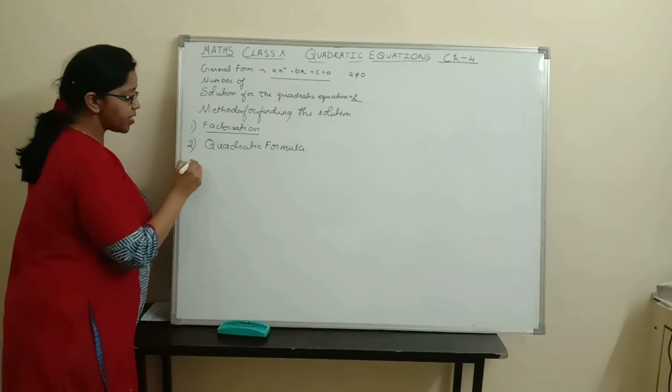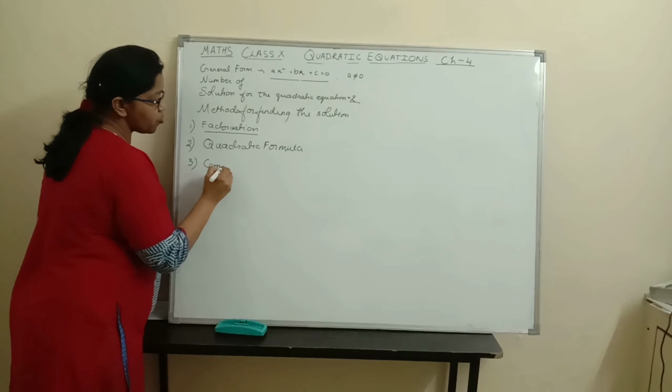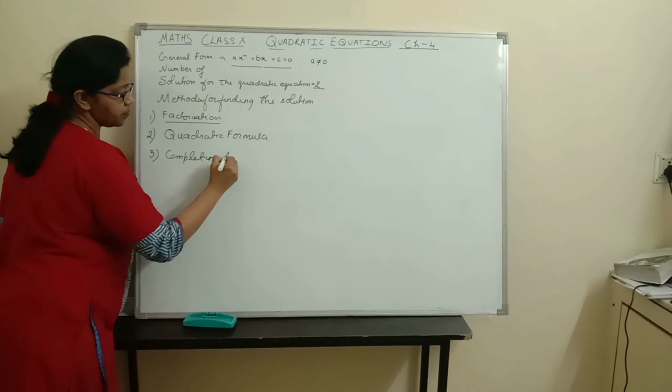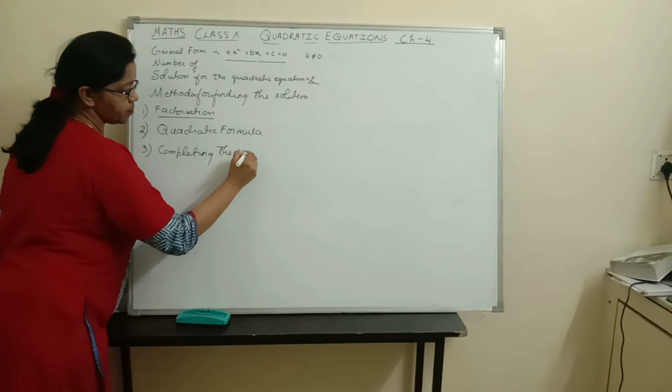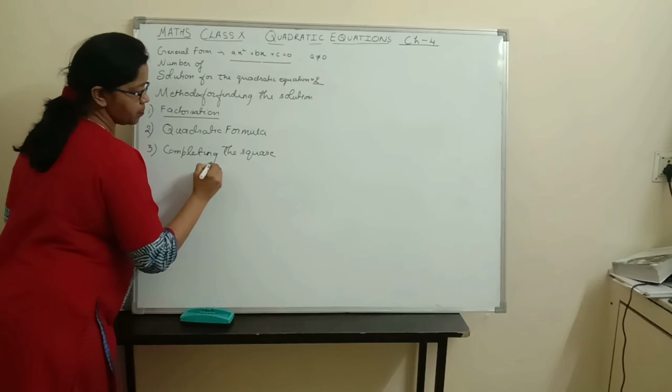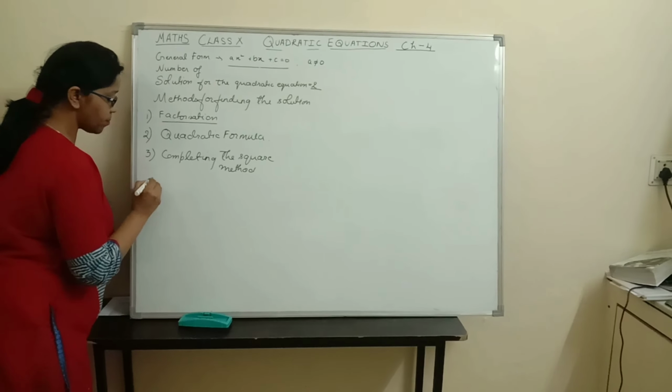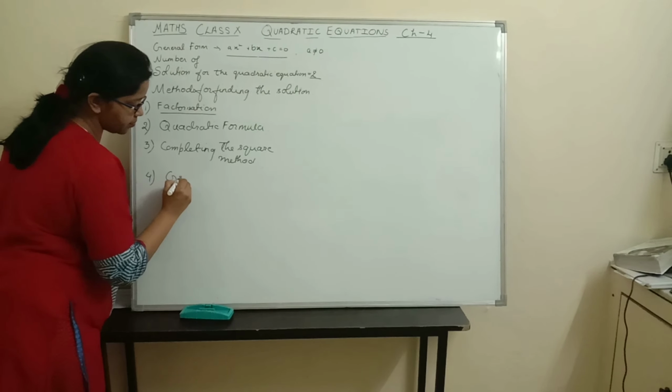The third method is the completing the square method. And the fourth method is the graphical method.